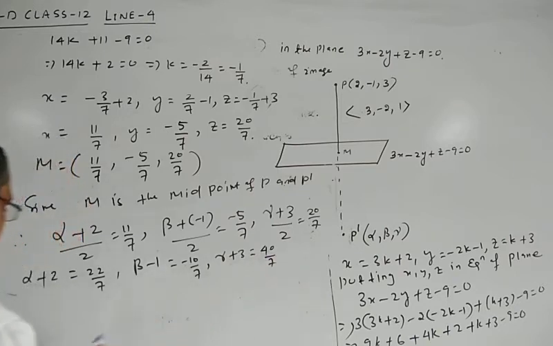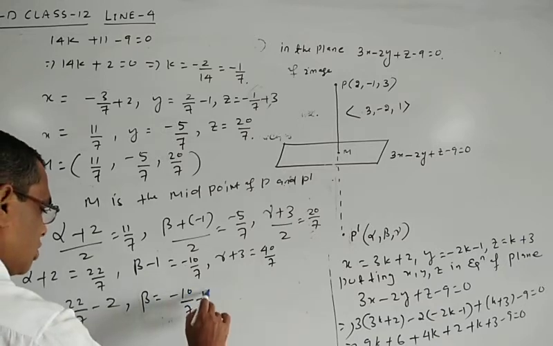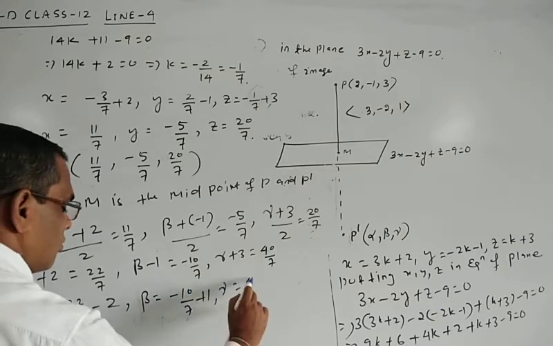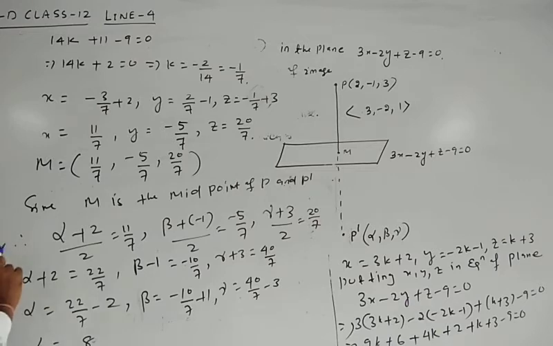So alpha is equal to 22 by 7 minus 2, beta is equal to minus 10 by 7 plus 1, and gamma is equal to 40 by 7 minus 3. So alpha is equal to 22 minus 14, which is 8 by 7.